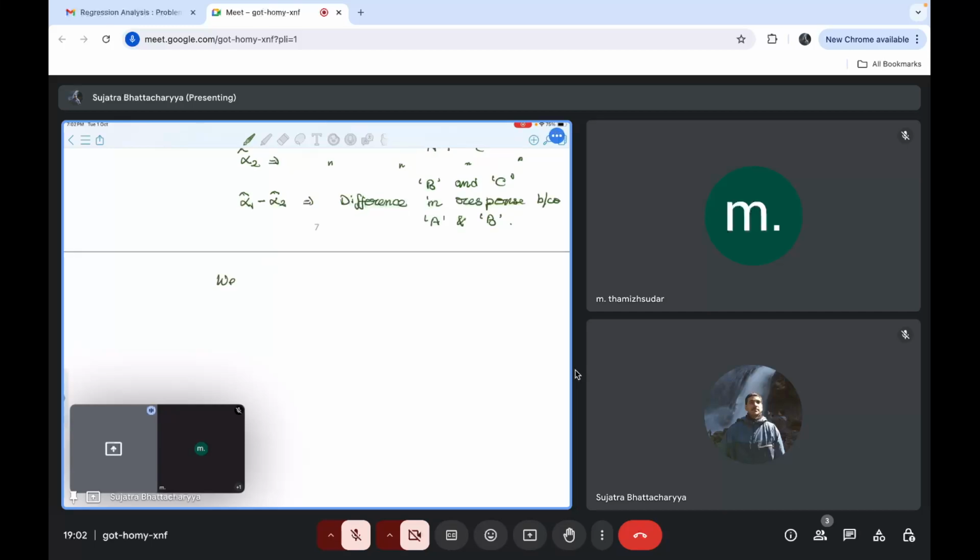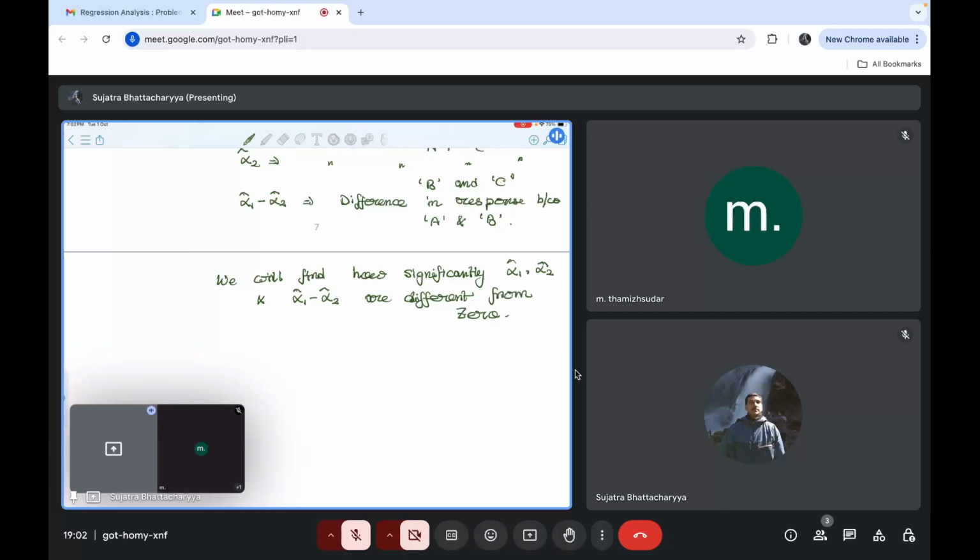So we will find how significantly the alpha 1 hat, alpha 2 hat, and alpha 1 hat minus alpha 2 hat are different from 0, right?